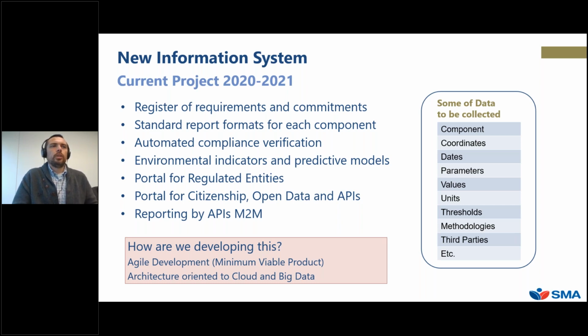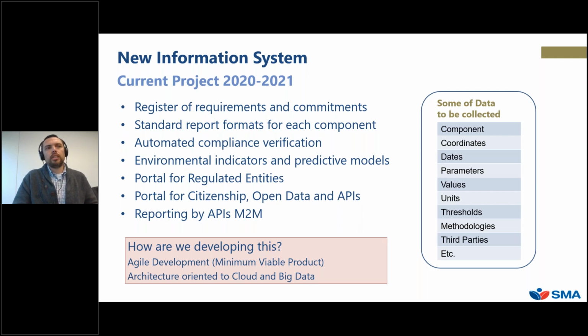We will develop environmental indicators and predictive models with all this data, and we will develop a portal for regulated entities because we want to support the compliance, and a portal for citizenship, open data, and APIs for developers and academics.